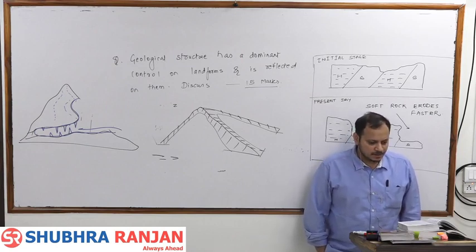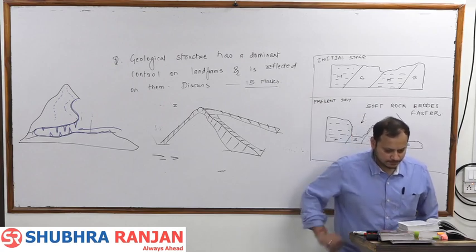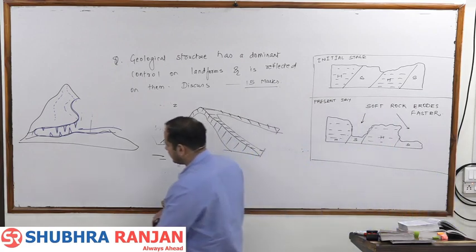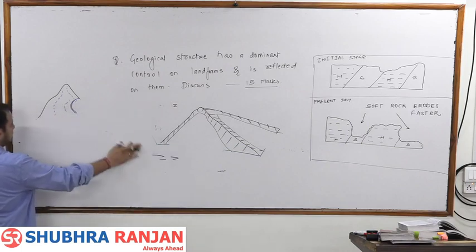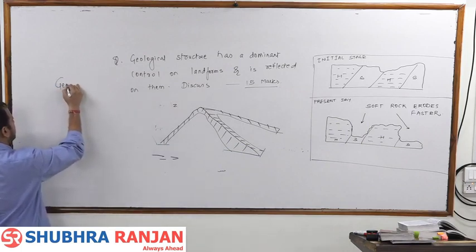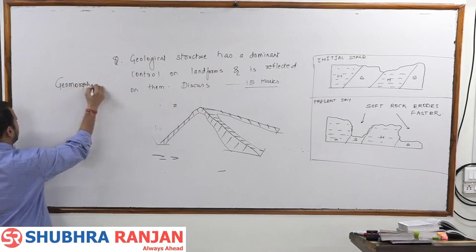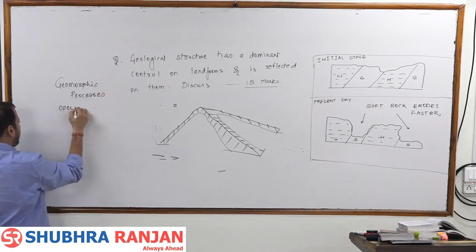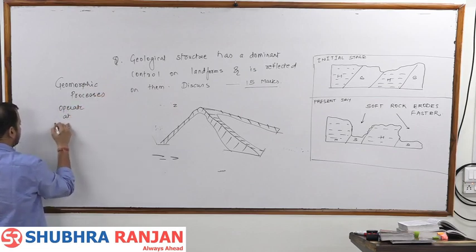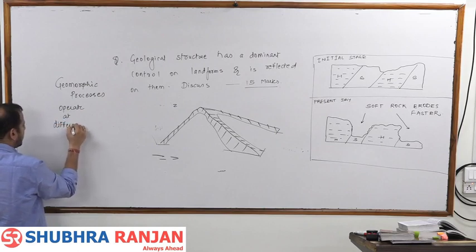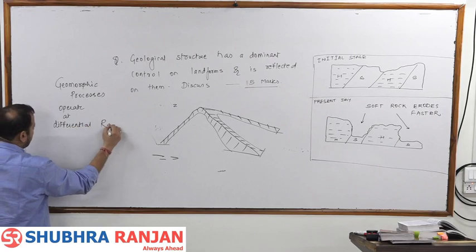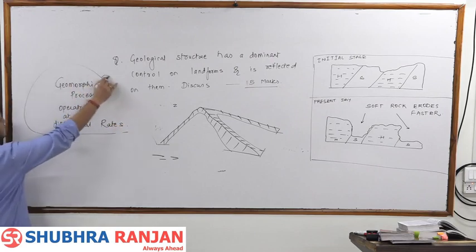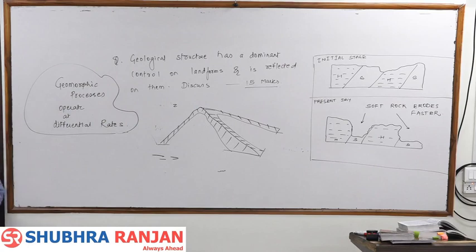Earth surface possesses relief because the geomorphic processes operate at different rates or differential rates. Fine. This is what Thornbury said. पहला वाला is what UPSC said. दोनों का meaning is same. Fine. What you are going to write now?